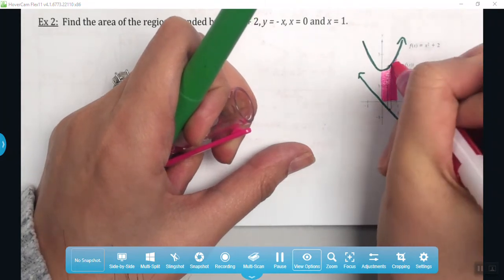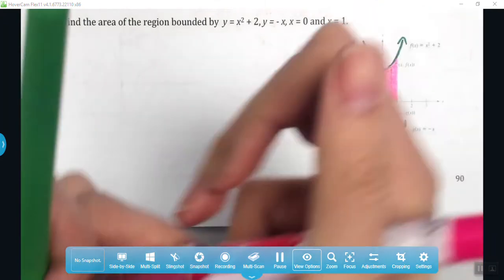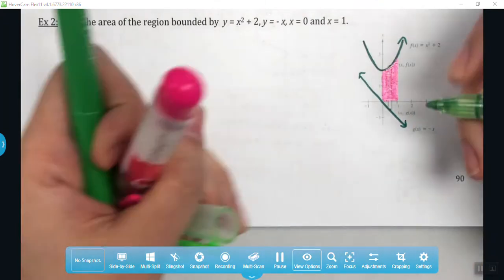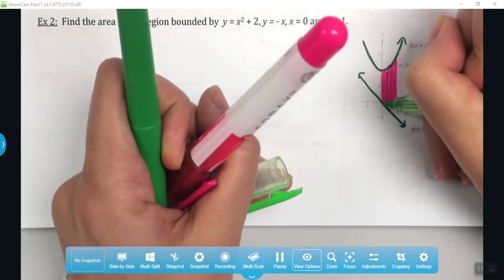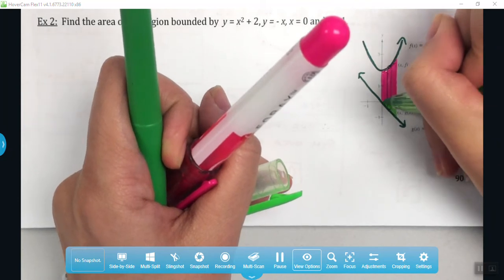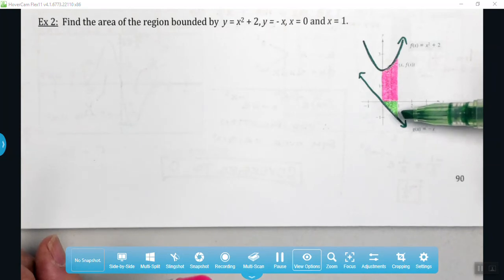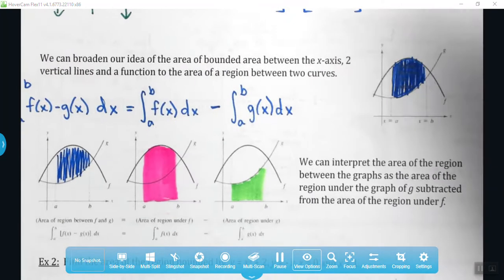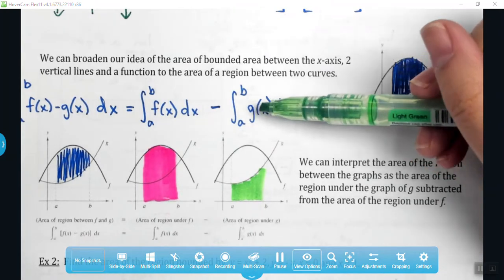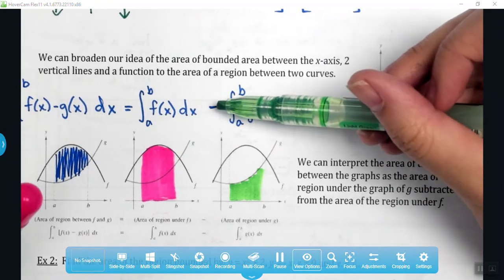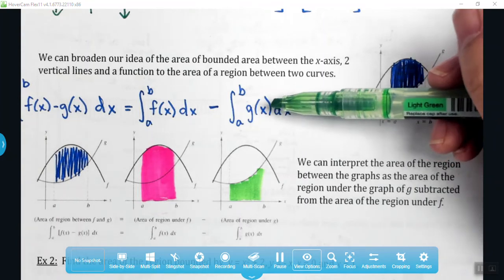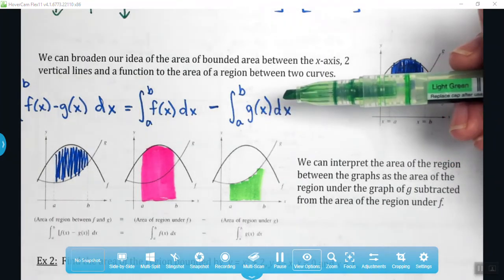Then you find the area of g of x, which is this. But when you find the integral of g of x, it ends up being negative. Then you're subtracting them, but when you subtract a negative, it ends up adding it back in.